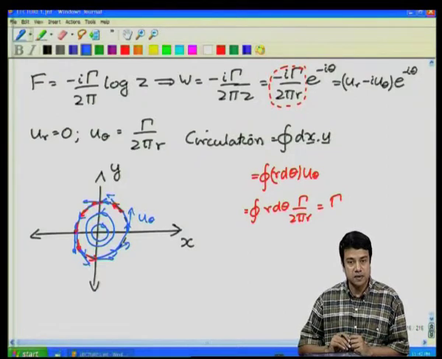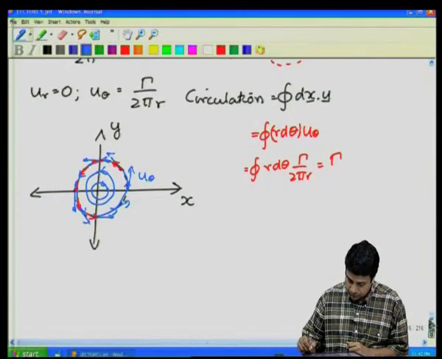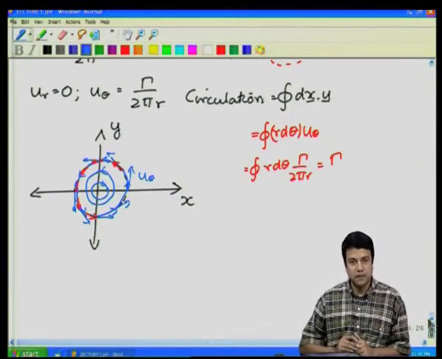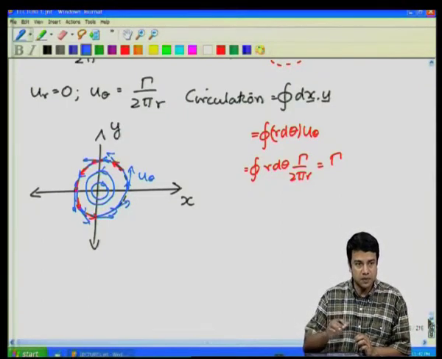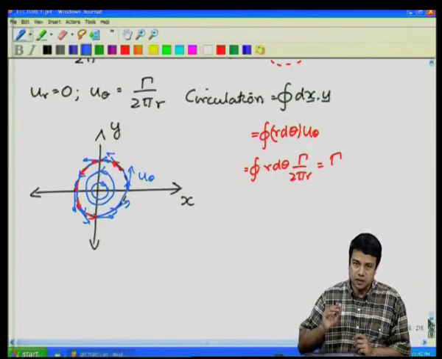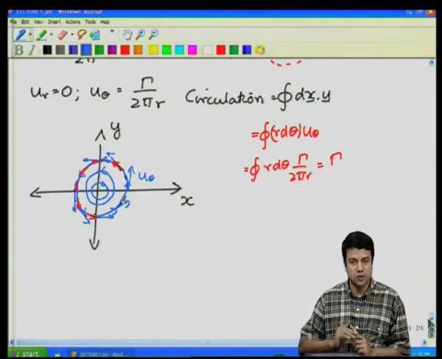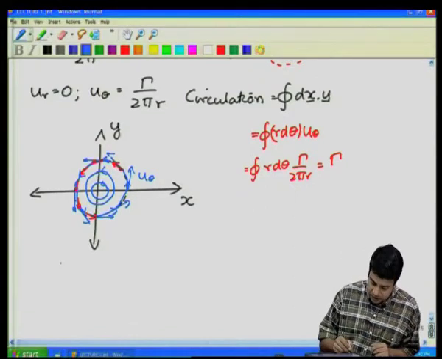The reason is because local rotation depends upon the local antisymmetric part of the rate of deformation tensor. Now, a velocity field will be rotational only if locally at points within the flow there is a non-zero antisymmetric part of the rate of deformation tensor, or there is a vorticity somewhere within the flow. What we have is what is called a line vortex.